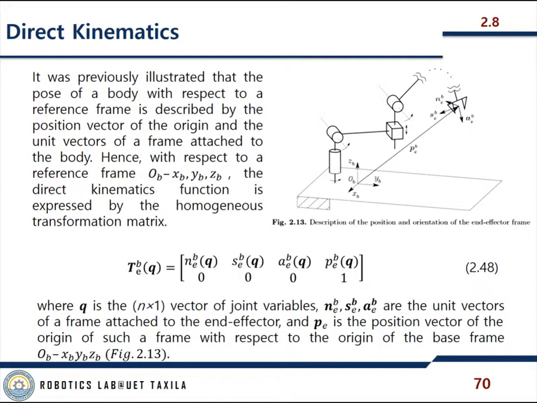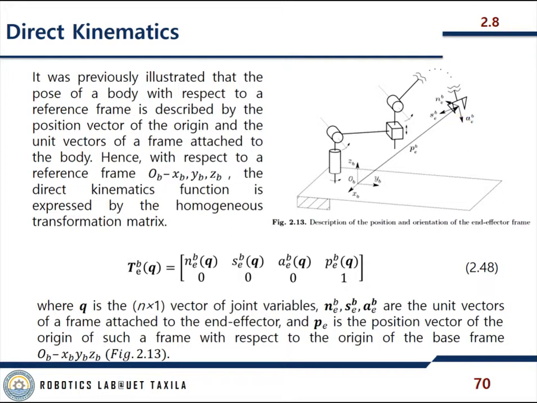The frame attached to the end effector is termed the end effector frame and is conventionally chosen according to the particular task geometry. If the end effector is a gripper, the origin of the end effector frame is located at the center of the gripper. The unit vector a_e is chosen in the approach direction. So this one is in the approach direction.